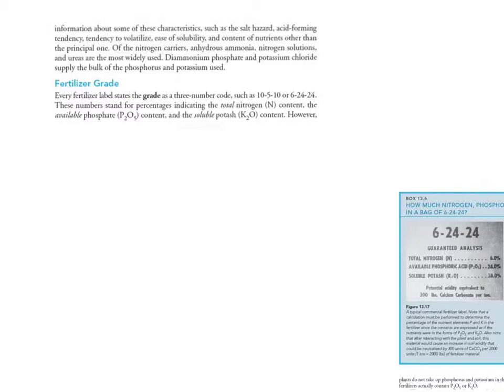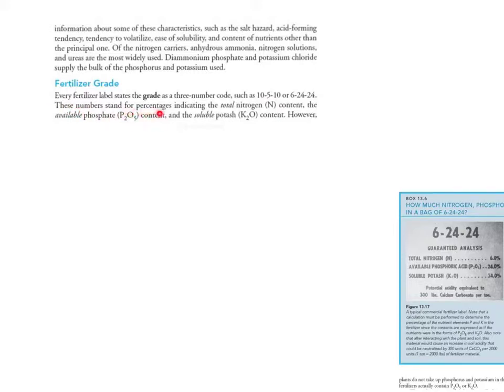So when we think about these numbers here, these fertilizer grades, we have one that's 10-5-10, and we said before that the number 10 is nitrogen, the number 5 deals with phosphorus, the number 10 deals with potassium.